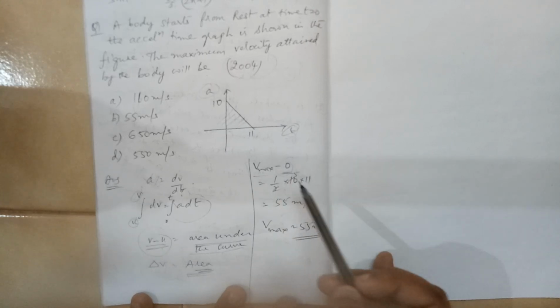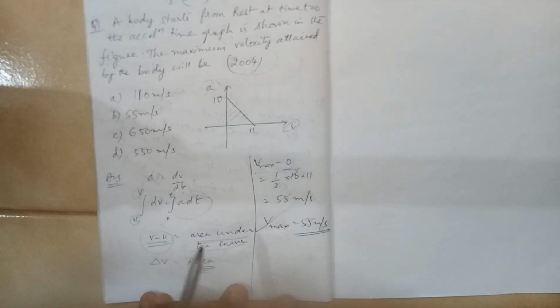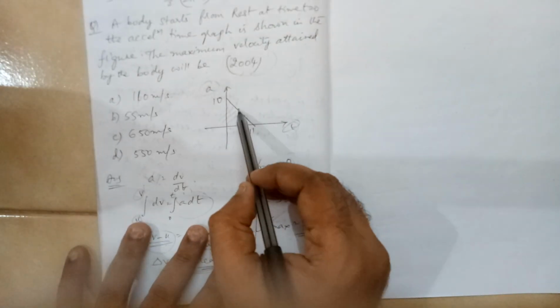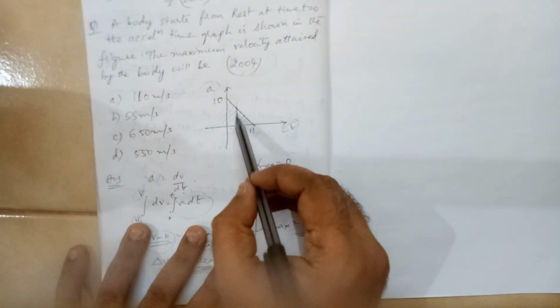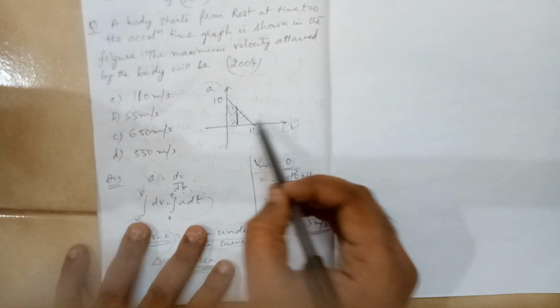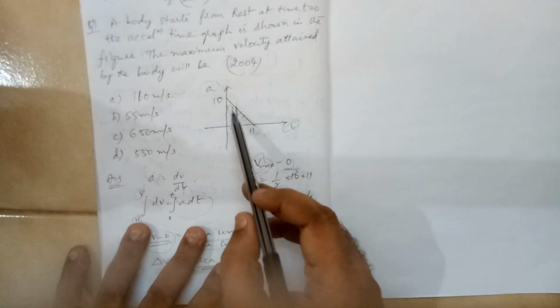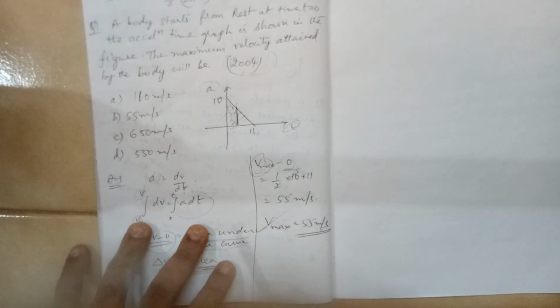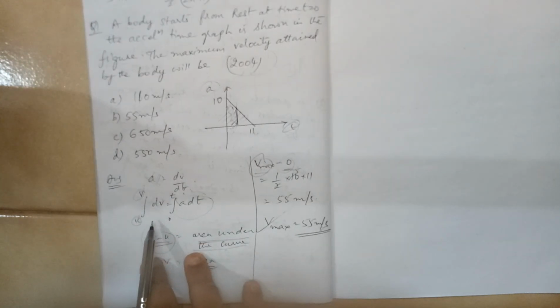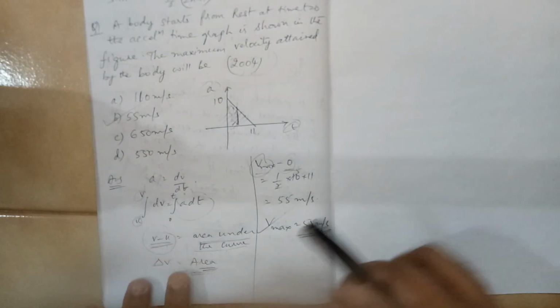Initial velocity is equal to 0, so you get v max is equal to 55 meter per second. Had you found the area up to some intermediate point, it wouldn't have been v max, but you are taking the total area. So when you are taking the total area, you get the maximum velocity. So option B is correct.